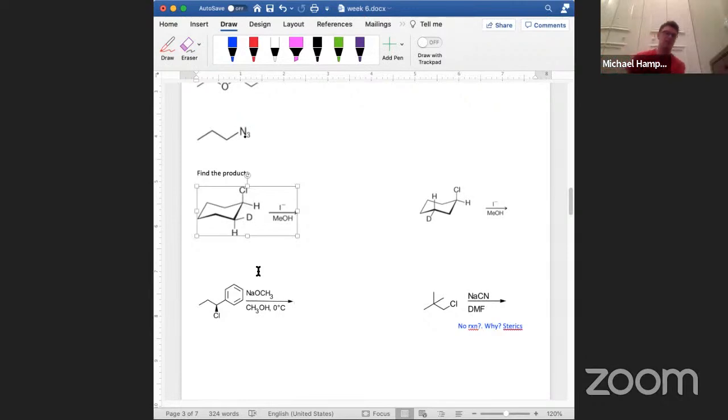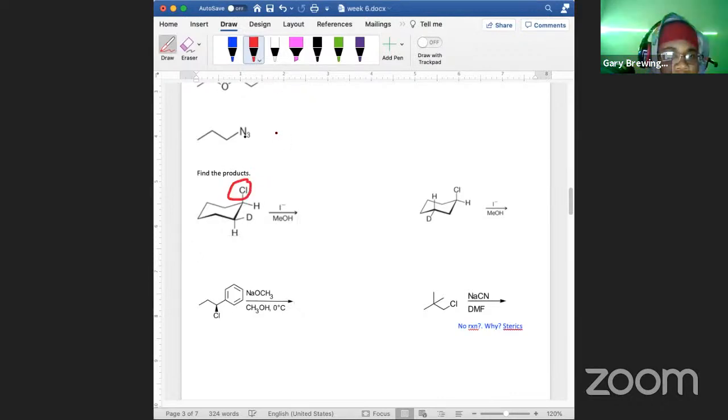Actually, substrate has nothing to do with polar protic or aprotic. Is it secondary? Yeah, secondary. Look at the leaving group. The leaving group's the Cl, right? Is that leaving group primary, secondary, or tertiary? That leaving group is secondary. All right, so we have secondary.